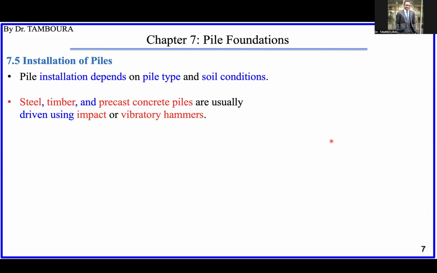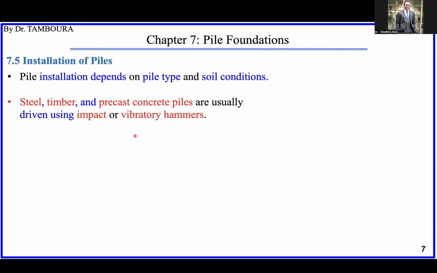If we deal with steel or timber or precast concrete piles, usually this kind of pile is installed in the ground using an impact hammer or a vibratory hammer.